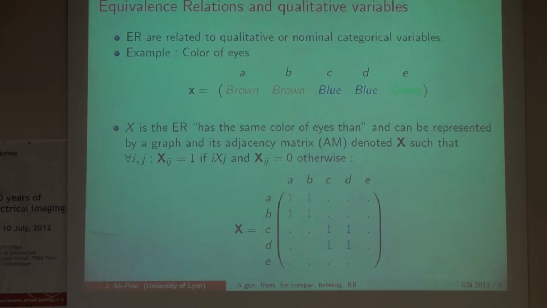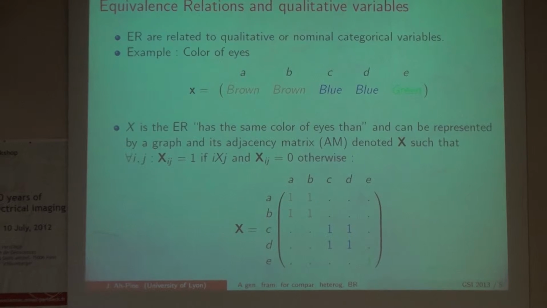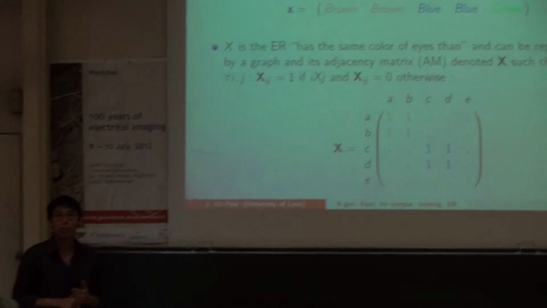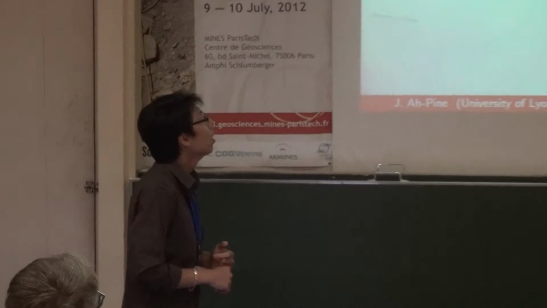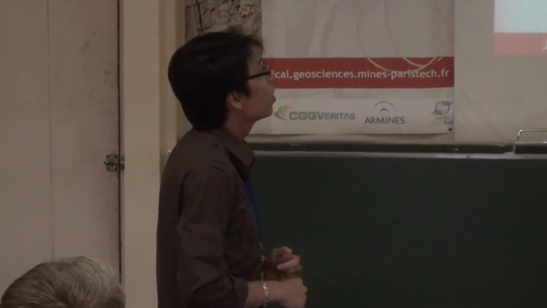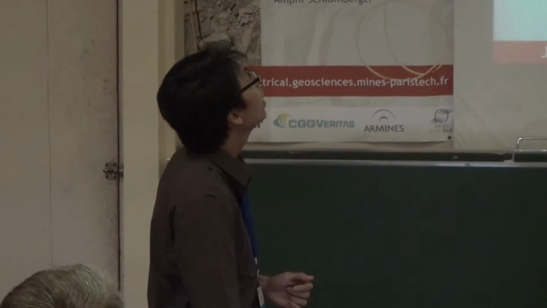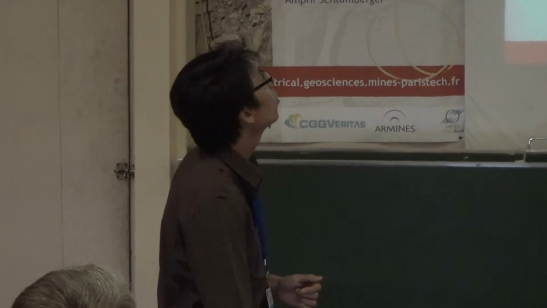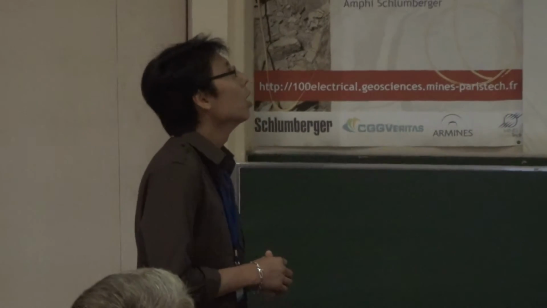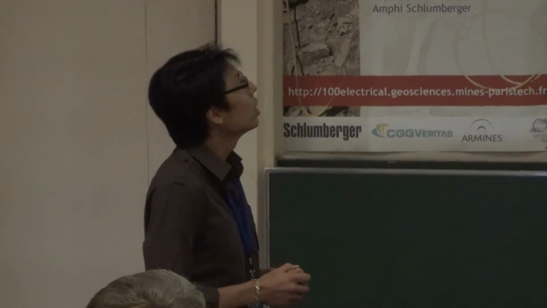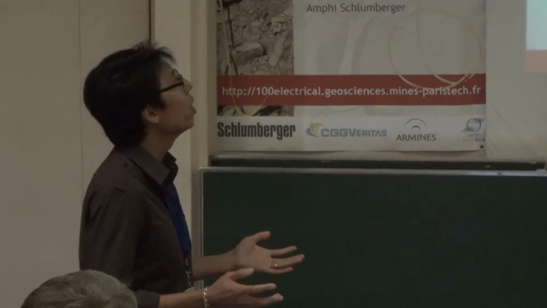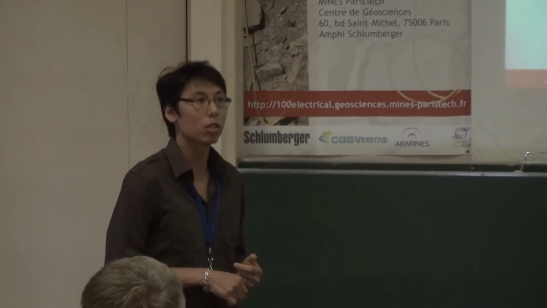An equivalence relation is a set of pairs. It's similar to graphs, they are particular graphs. And we can represent graphs by adjacency matrices. So this is an example of an adjacency matrix. Given the small x, we have the definition of the adjacency matrix given as follows. We put 1 if i is in relation with j.